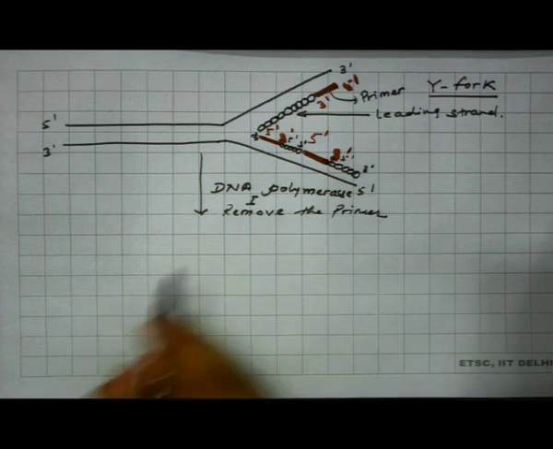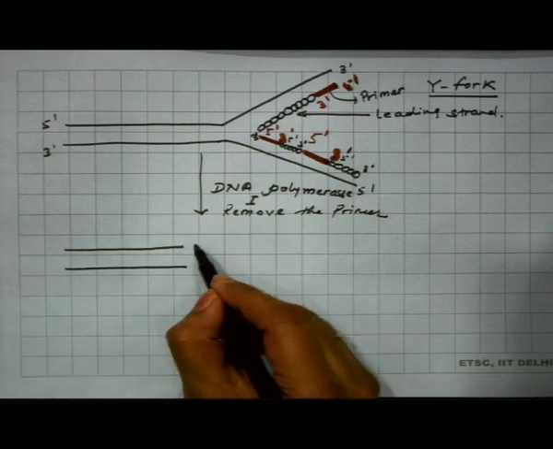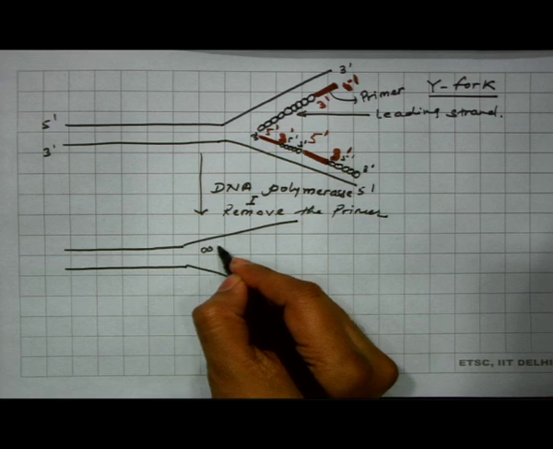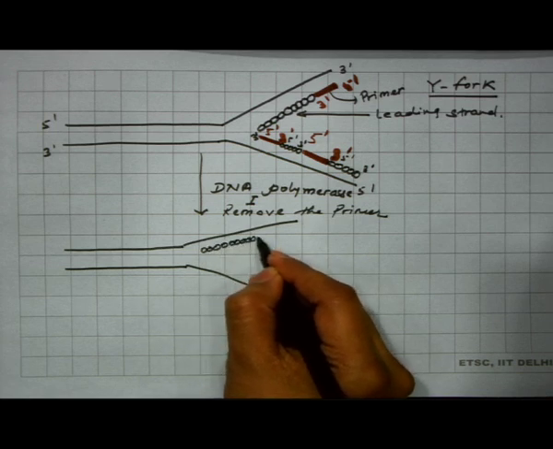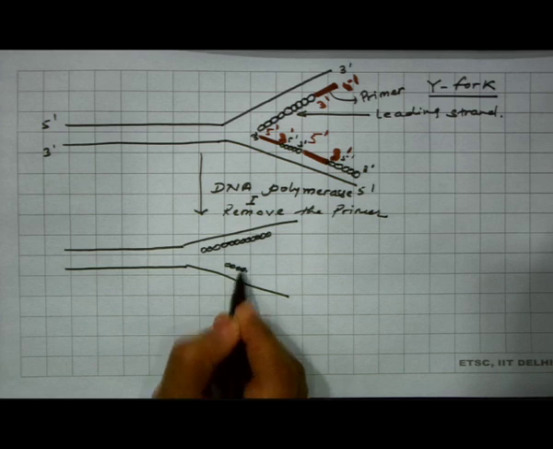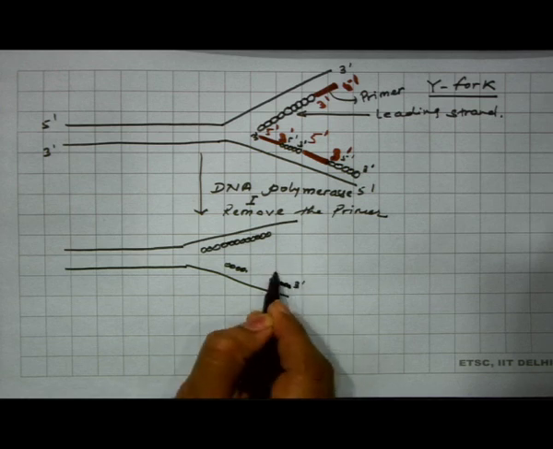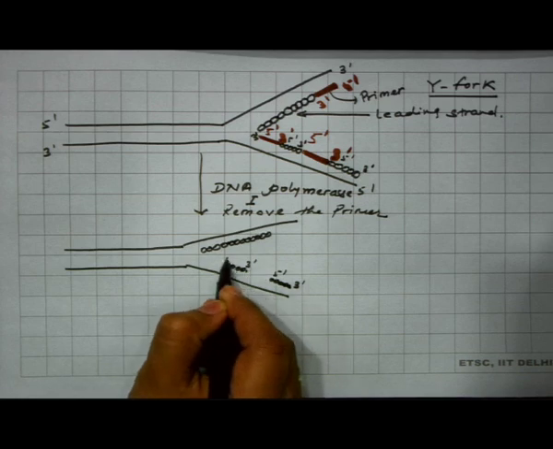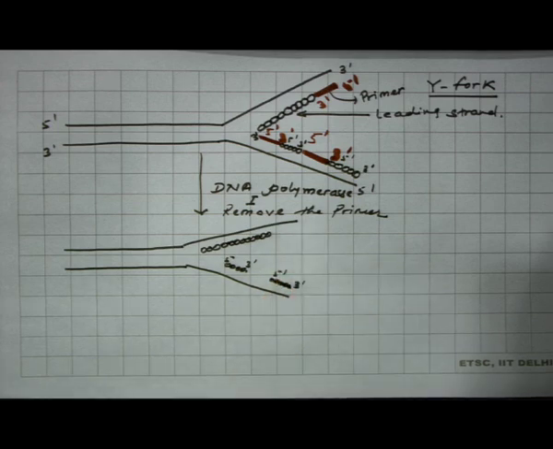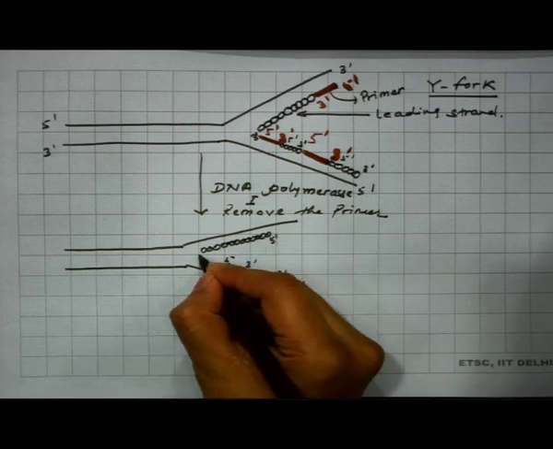Now what will happen if primers are removed? Let us see, if DNA polymerase removes the primer, what will be the scenario? 3' end, 5' end, 3' end, 5' end, and here there is a gap, and it will be 5' and 3' end.